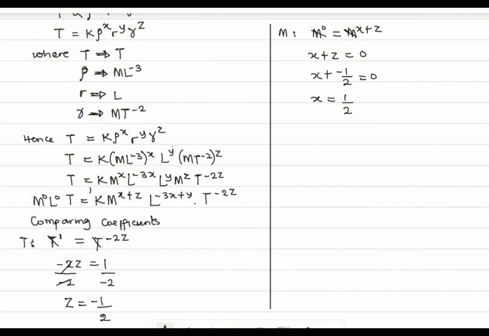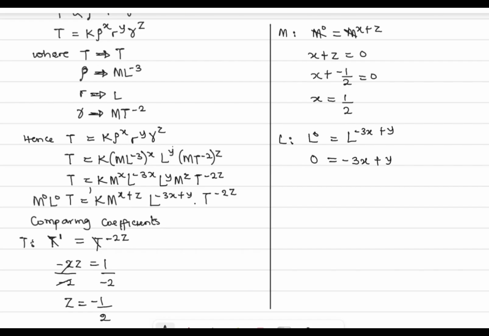Now we can compare our L. On the left hand side, L has a power of 0. On the right hand side, L has a power of minus 3x plus y. So that would be 0 is equal to minus 3x plus y when we eliminate the common base.